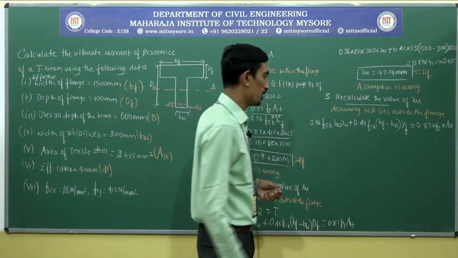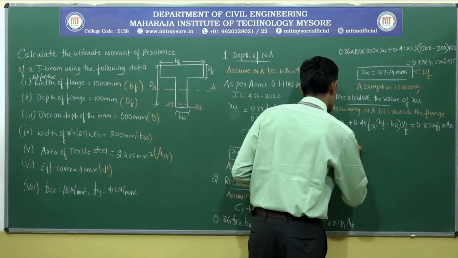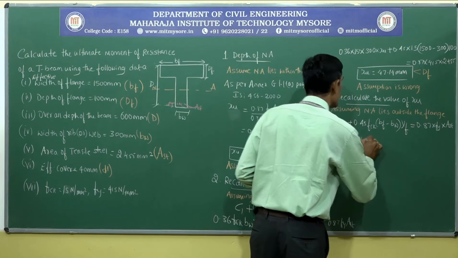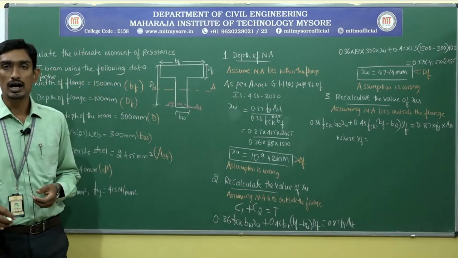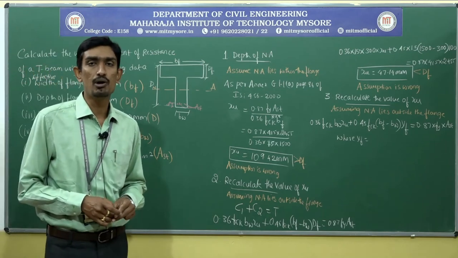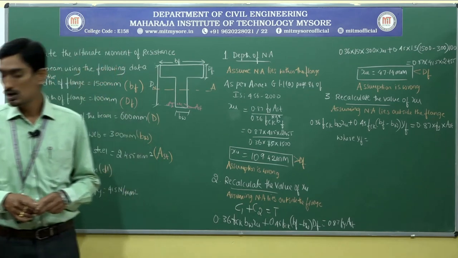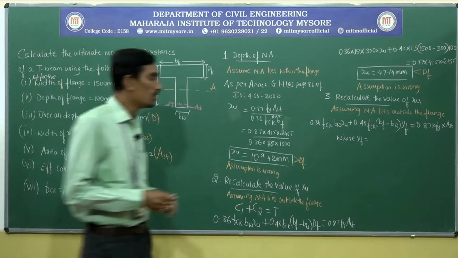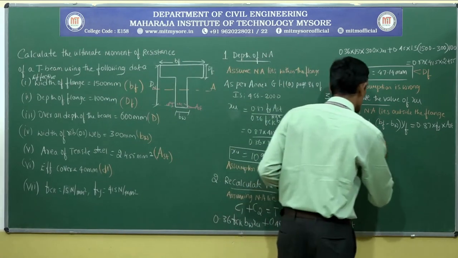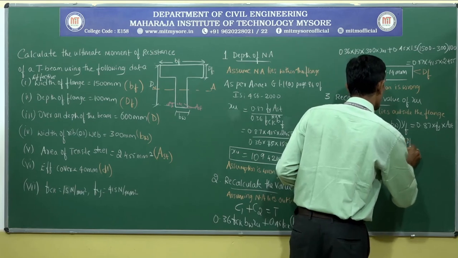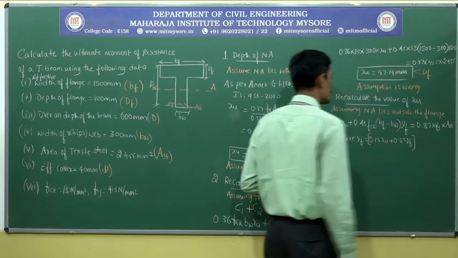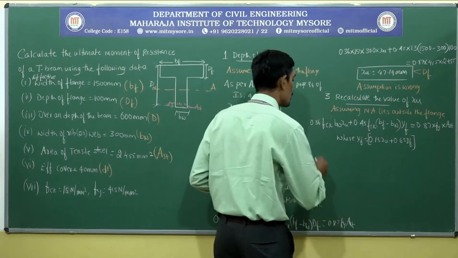This formula is there in IS 456 Annex 2.2.1. So that YF value is equal to 0.15 XU plus 0.65 DF. Okay, so you need to substitute this over there.